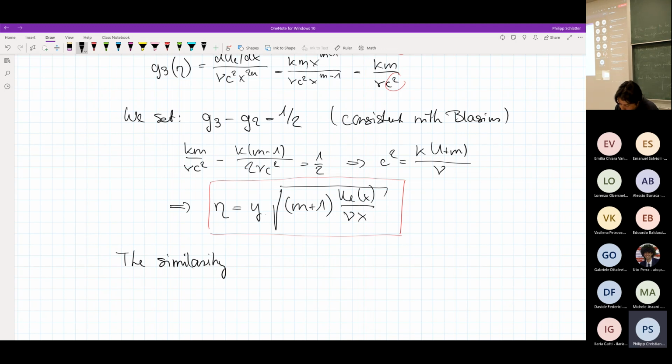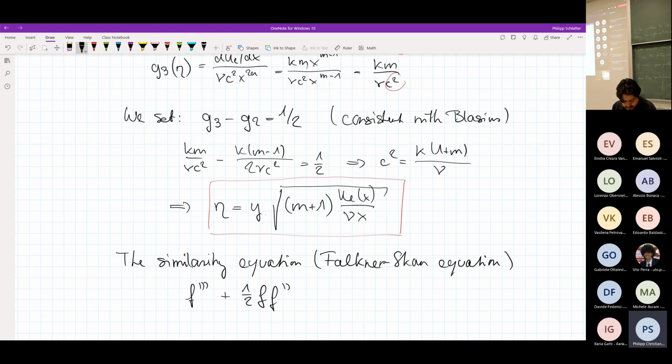the similarity equation, and that is what is called the Falkner-Skan equations, which are the following: f triple prime plus 1/2 f f double prime plus beta times (1 minus f prime squared) is 0.